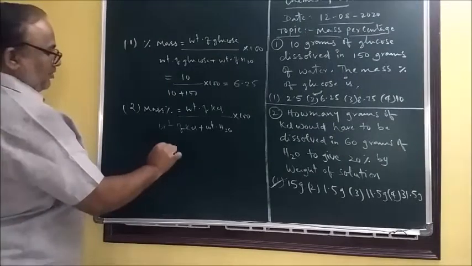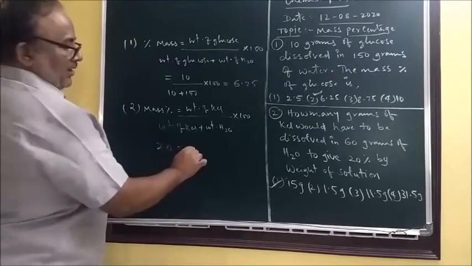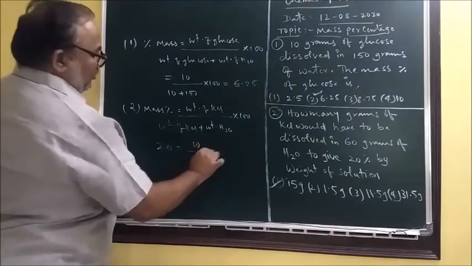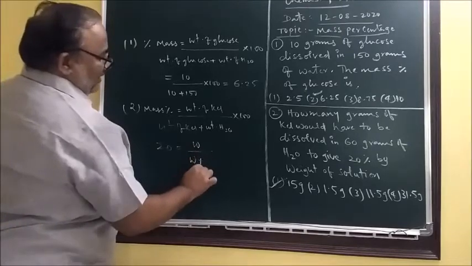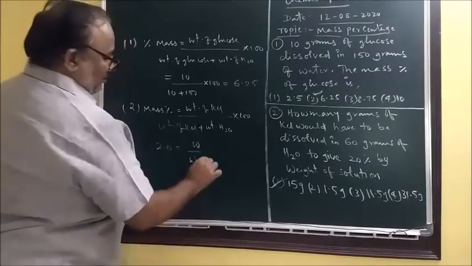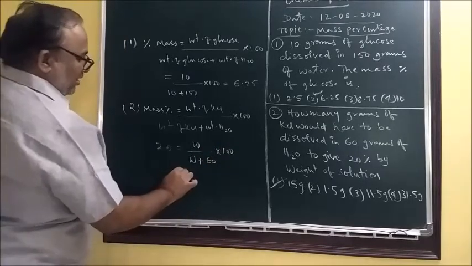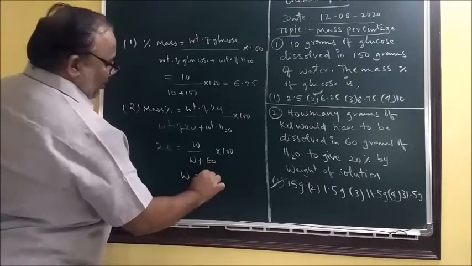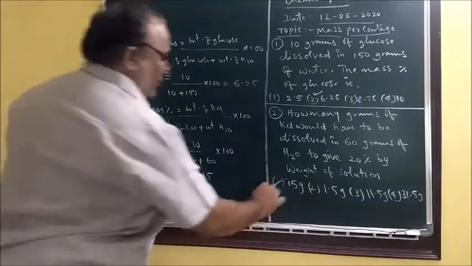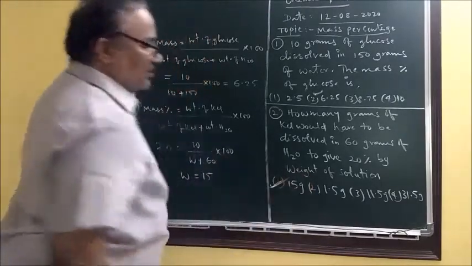So this is 20% weight of KCl W by W plus weight of water is 60 into 100. So on solving, W equal to 50. So therefore first option is correct one.